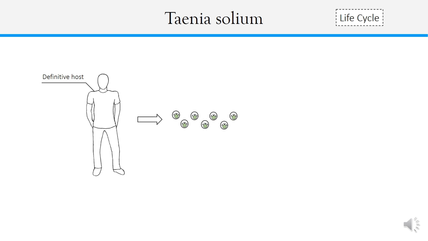This means that inside the intestine of an infected person there will be, unfortunately, a mature parasite capable of producing eggs. Then the eggs produced inside the definitive host will be released to the external environment, for example with fecal material, and these eggs could be further transferred into an intermediate host, particularly into the pig.